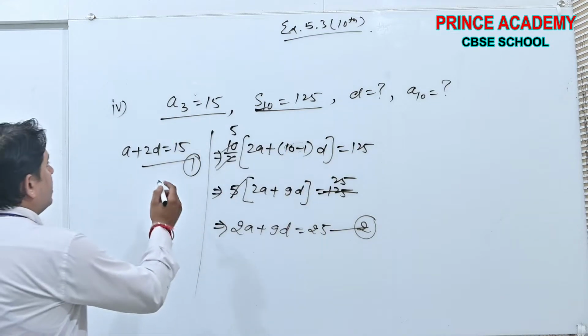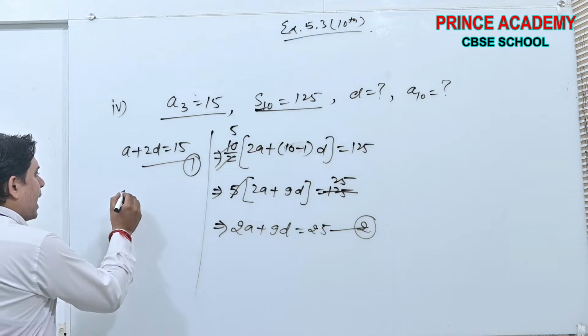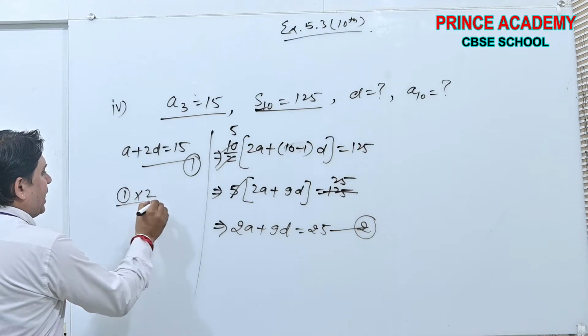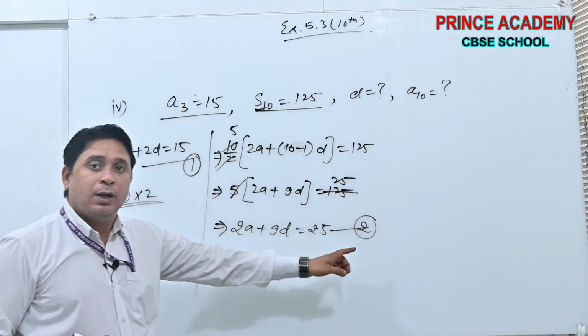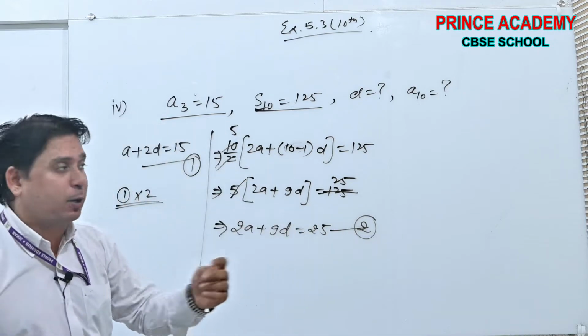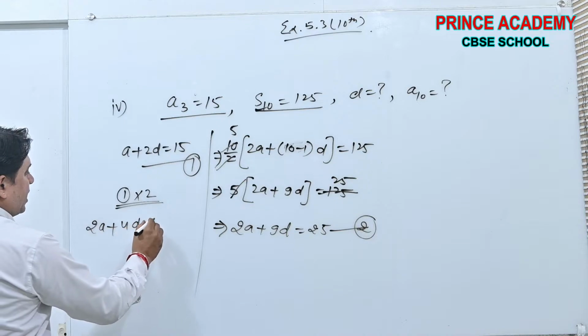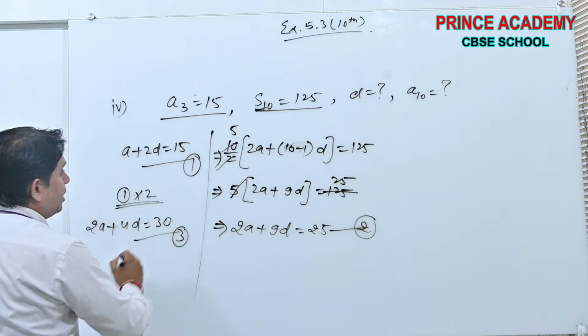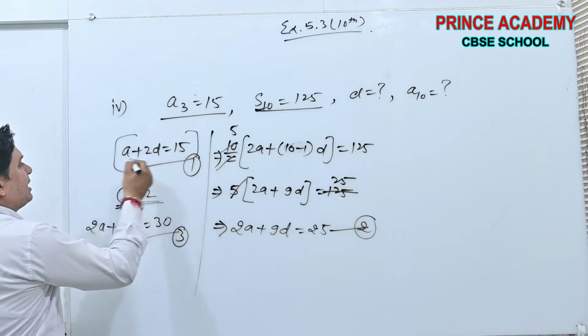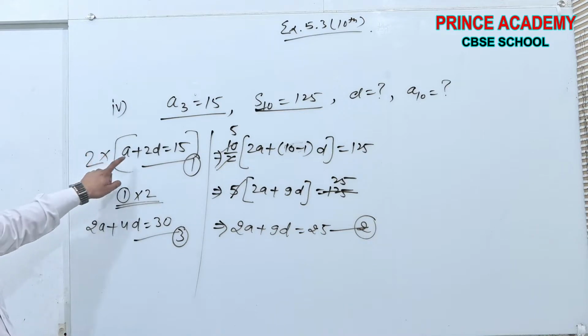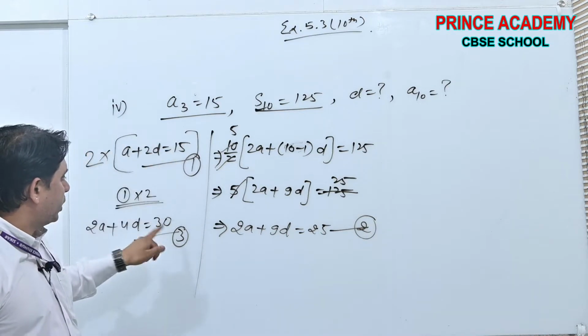Don't worry. See, therefore I am multiplying equation 1 by 2, not equation 2, by the number 2. What we will get? 2A plus 4D is equal to 30. Yes or no? See beta, if I multiply this equation by 2, I will get 2A plus 4D is equal to 30.